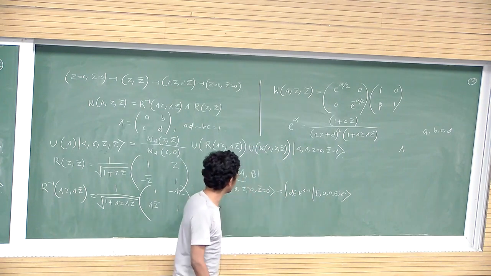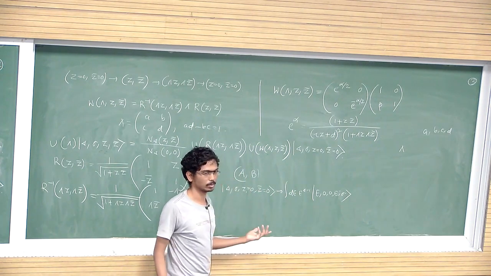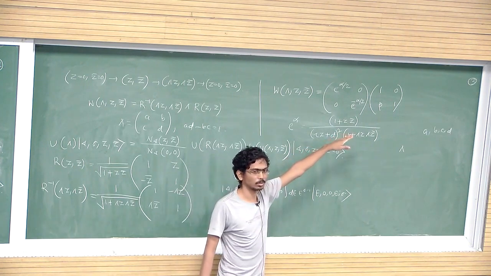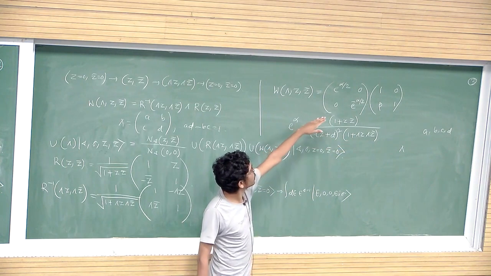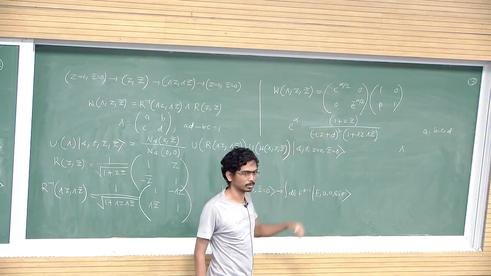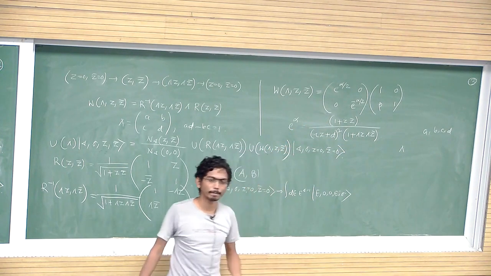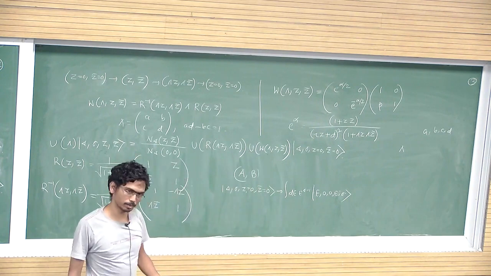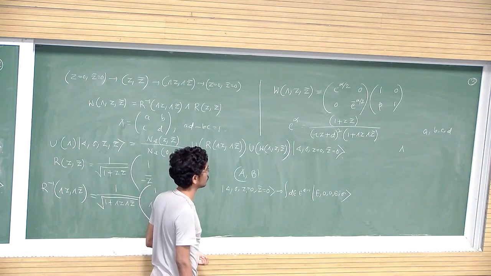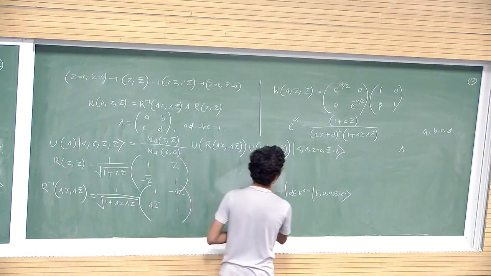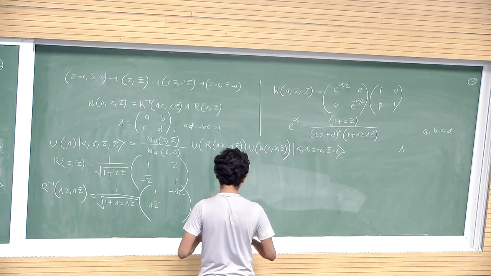Yesterday I told you that A B acting on this state is 0, and even today I think I have shown it. So that's why this thing does not matter. The only thing that matters is this matrix e to the alpha, this diagonal matrix. You mean to say you only require the form of this diagonal matrix? Yes, where alpha is given. You don't have to care about what beta is. Yes, exactly. Okay.